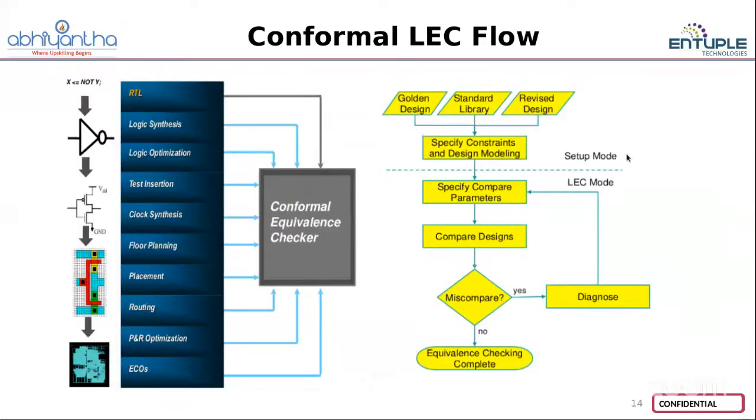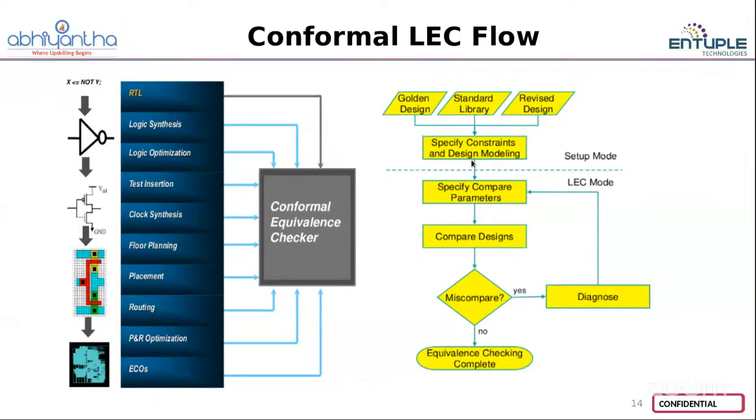In the setup mode, we add your golden design, your standard PDK libraries, and your revised design. All these things are put together in the setup mode along with the constraint file, as I mentioned.